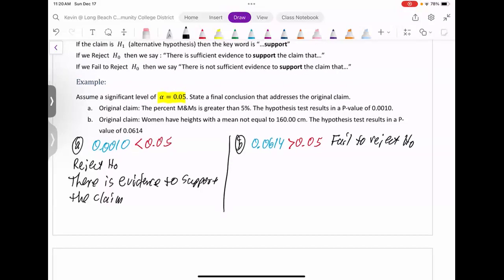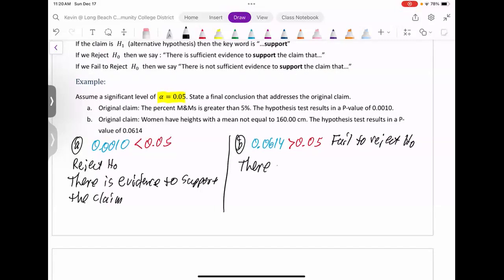So in this case, there is not evidence to support the claim. In this case, that women's have heights that are not equal to 160 centimeters. So that is basically it.